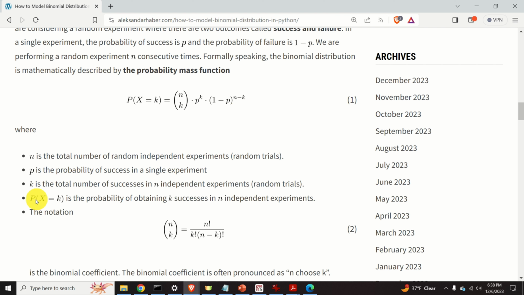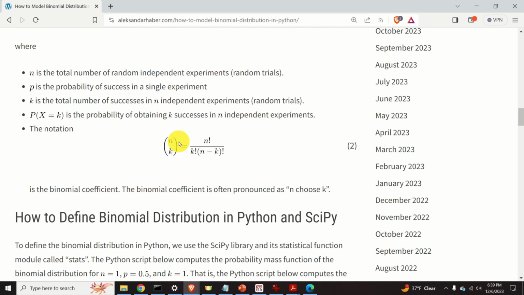And this notation, P(X = k), is the probability of obtaining k successes in n independent experiments. Finally, this notation is the binomial coefficient. The binomial coefficient is often pronounced as n choose k.